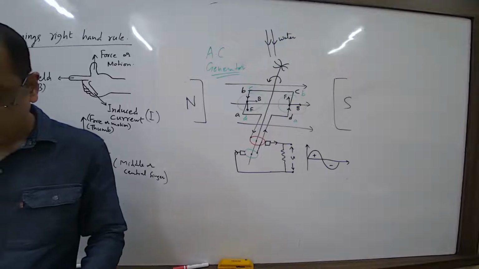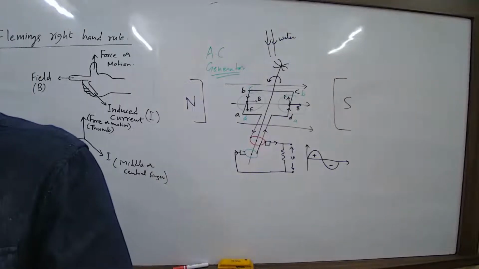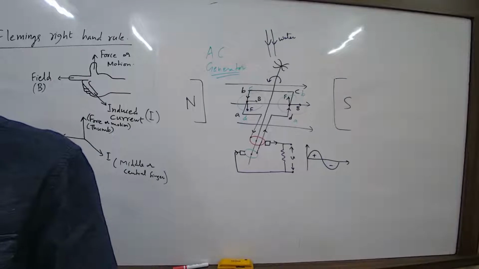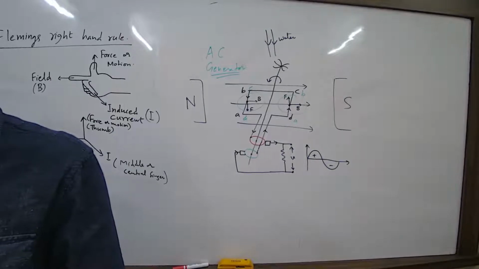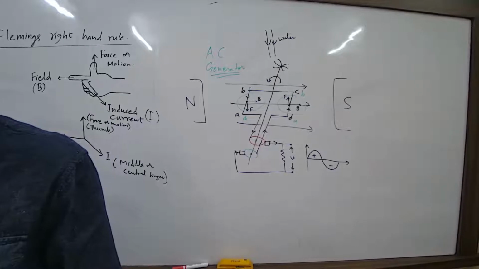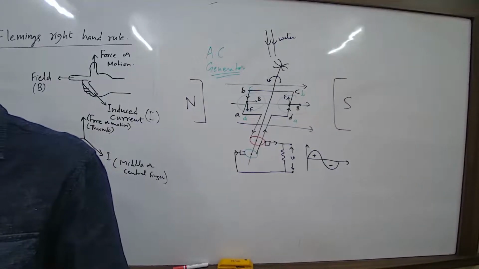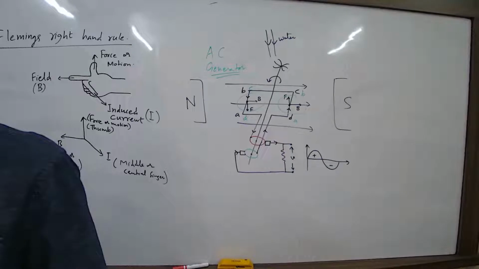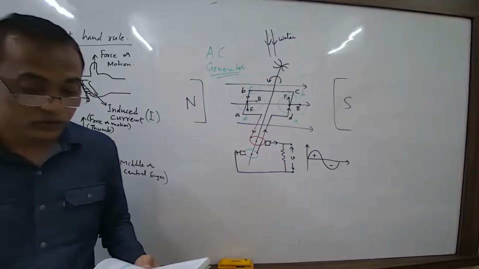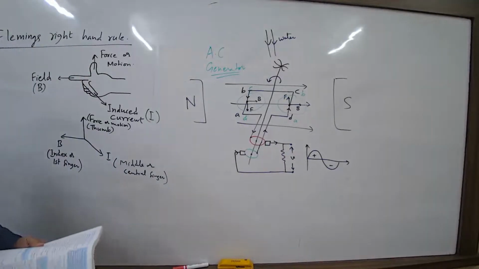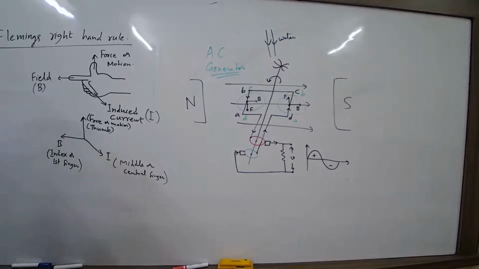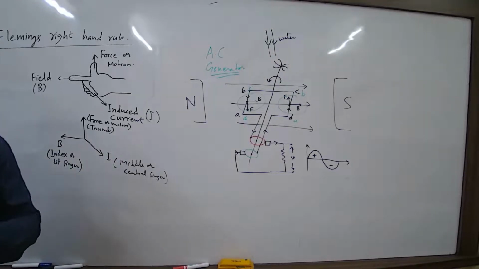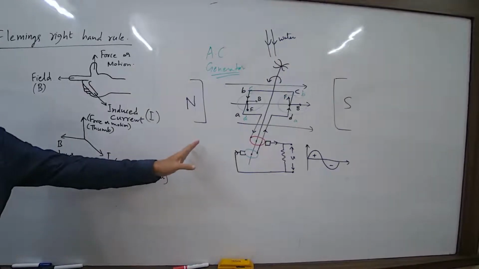Okay. So many questions. We covered electromagnetic induction in the first class. Then we covered Faraday's law, Lenz's law, and Fleming's right hand rule. Fleming's right hand rule is also covered, right? So any questions here? I also showed you the AC generator, but this is not required.